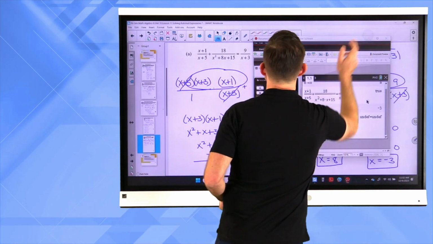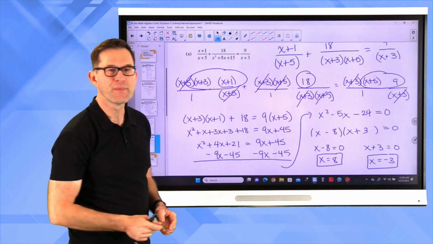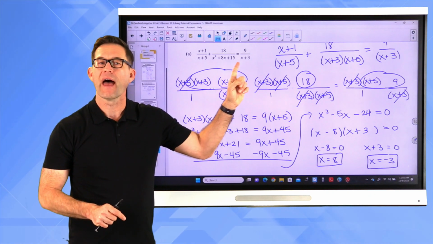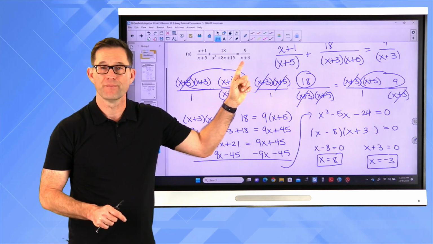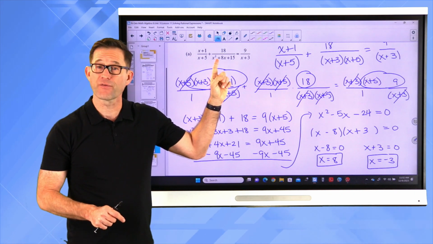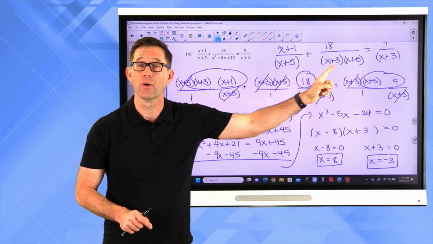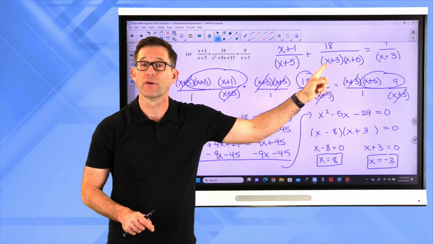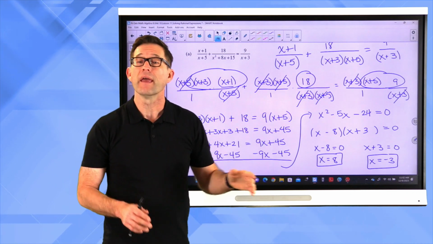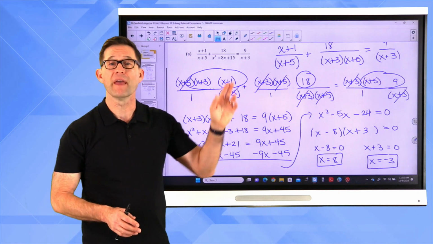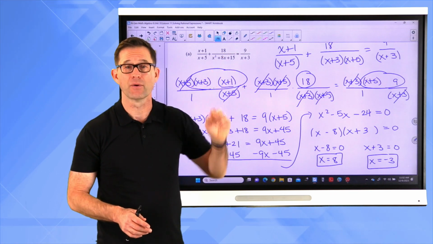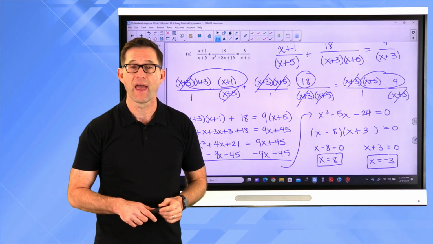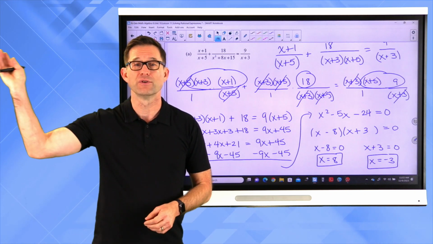And you can really see why, right? X equals -3 makes this fraction have a denominator of 0. It also makes this fraction have a denominator equal to 0 because there's that factor of x plus 3 as well. If a solution makes any of the denominators equal to 0, it is an extraneous solution and it needs to be rejected.